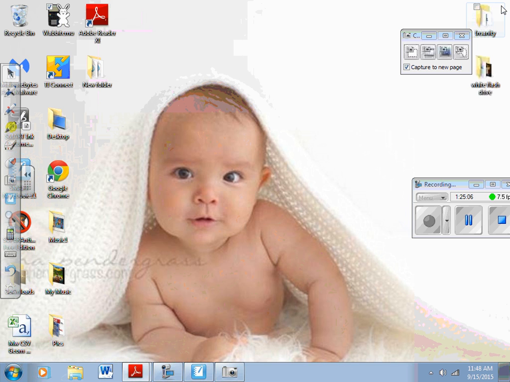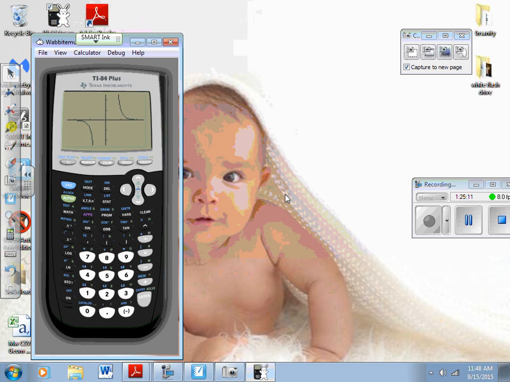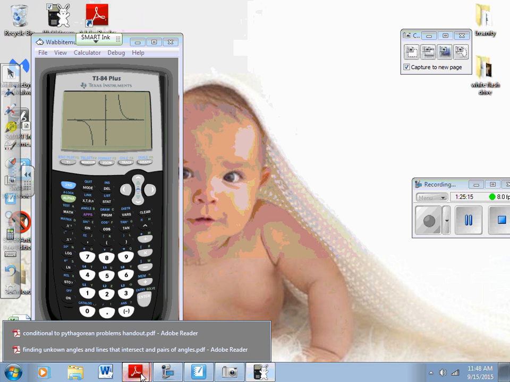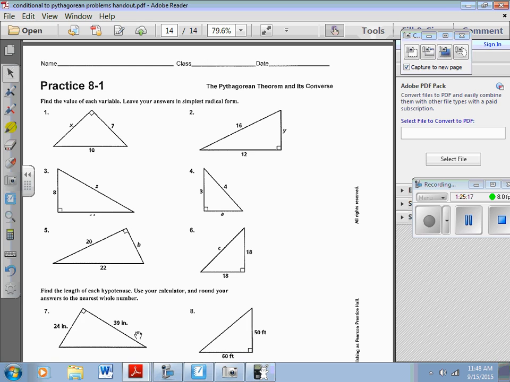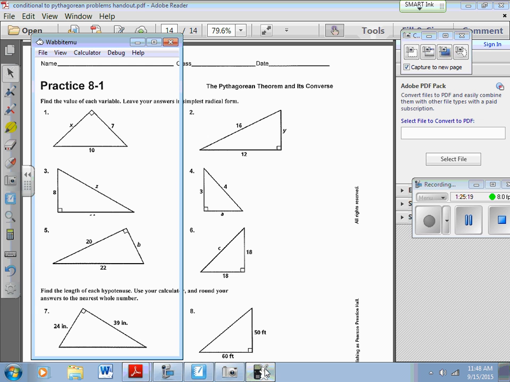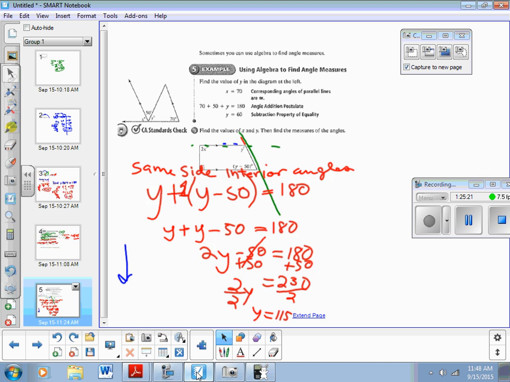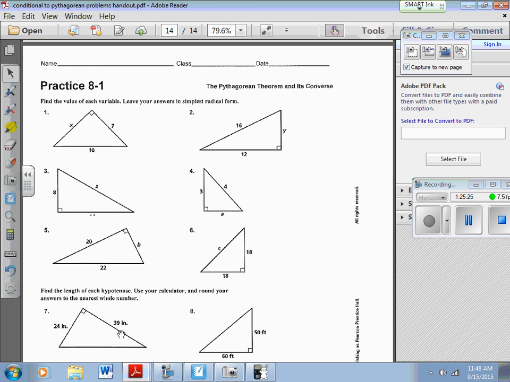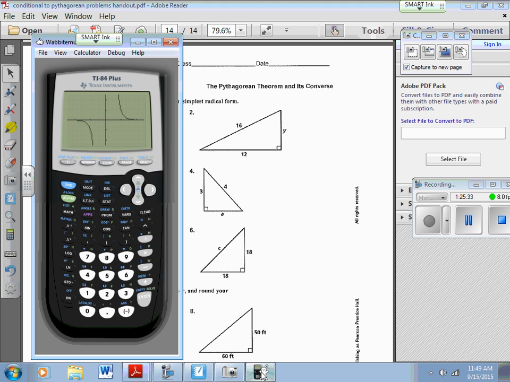Where's my calculator? There it is. Alright. Oh, I have to put my word. Did I not just write it? Yeah. Alright, that's fine.